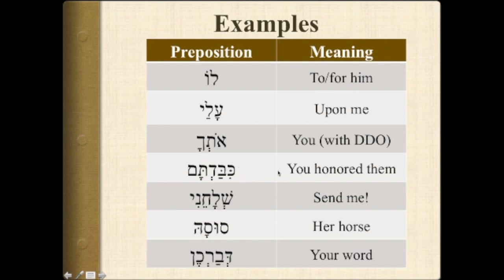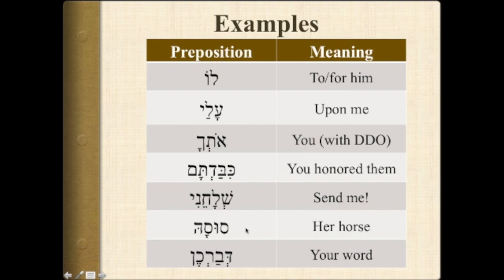Kibadtam, you honored them. Or in this case, to an imperative verb, shalacheni, send me. You have the verb and then this hirik yod at the end, or in this case, the nun hirik yod, because that's a form that is added to verbs, indicates the pronoun. So send me.